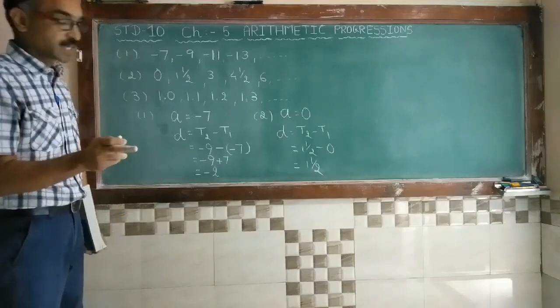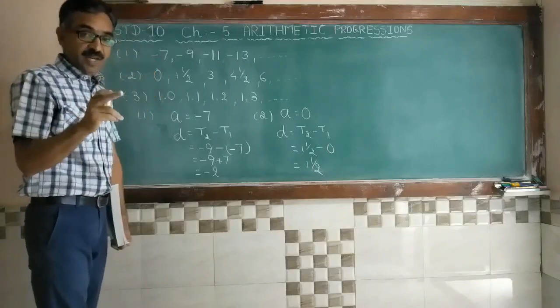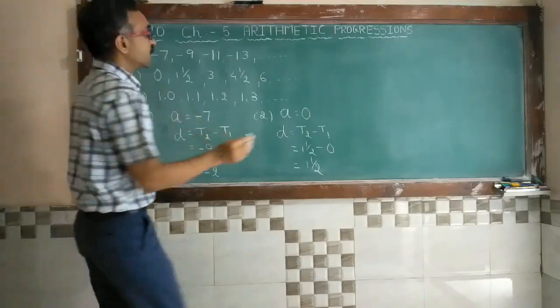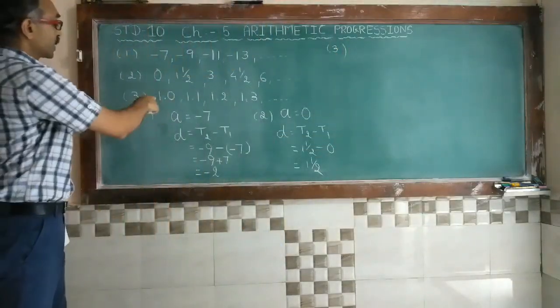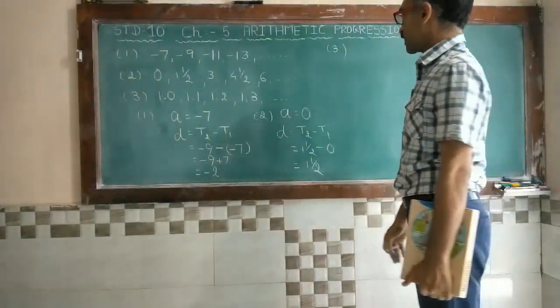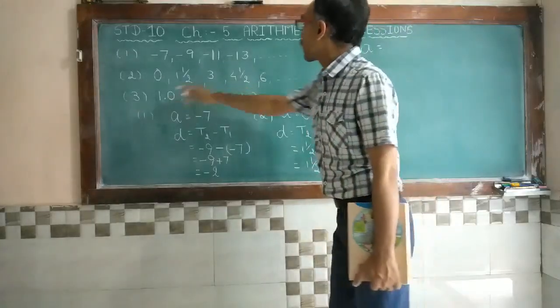It is always 1 and a half because it is given to you that all the 3 are APs, and in AP, common difference is always same. Okay. For the third AP: 1.0, 1.1, 1.2, 1.3. So your first term is 1.0.